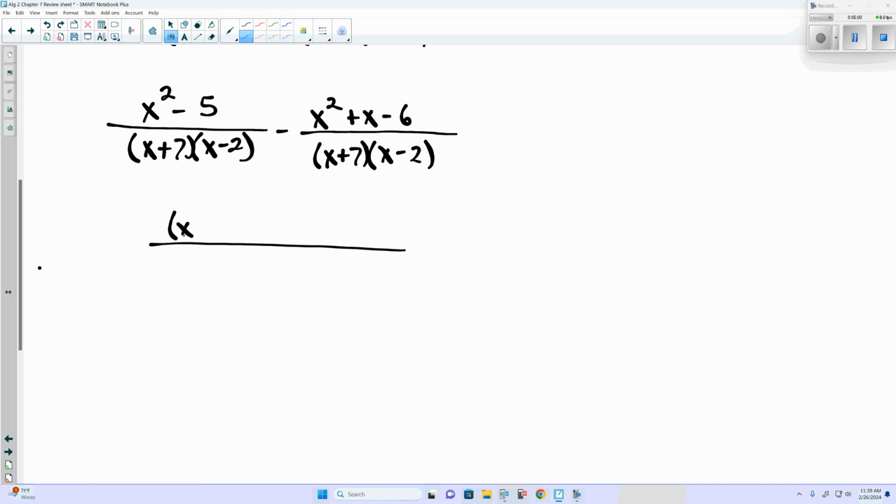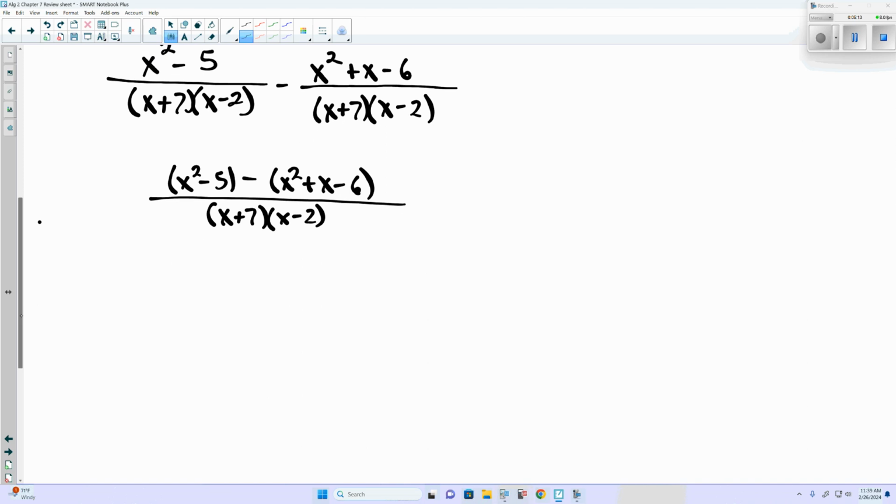Now, since the denominators are the same, we can subtract the numerators. For this one, it's going to be good to put the parentheses because we are subtracting, and what we're subtracting has more than one term. We're going to have to apply that subtraction to every term.